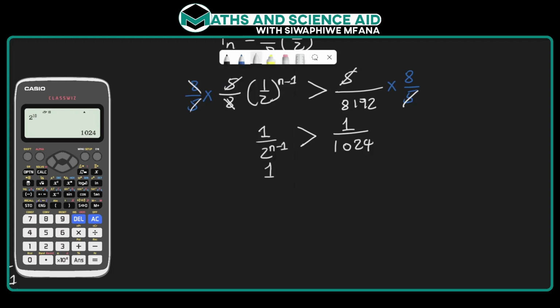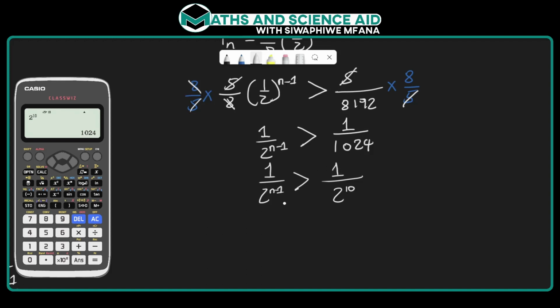So I'm gonna keep everything else as it is. But now in place of 1024, I'm gonna write 2 to the power of 10, right? And now the numerators here are already the same, right?